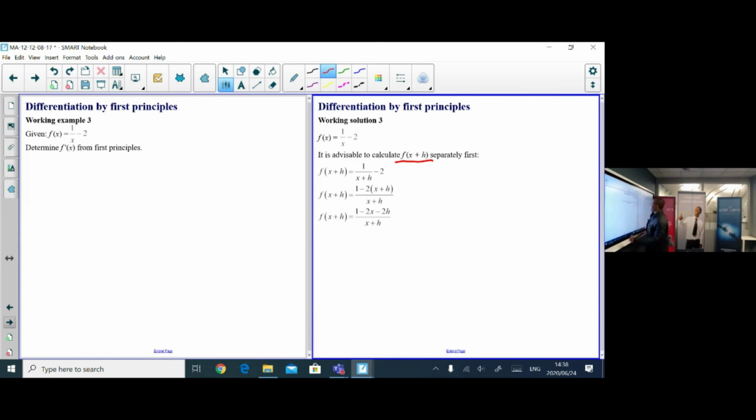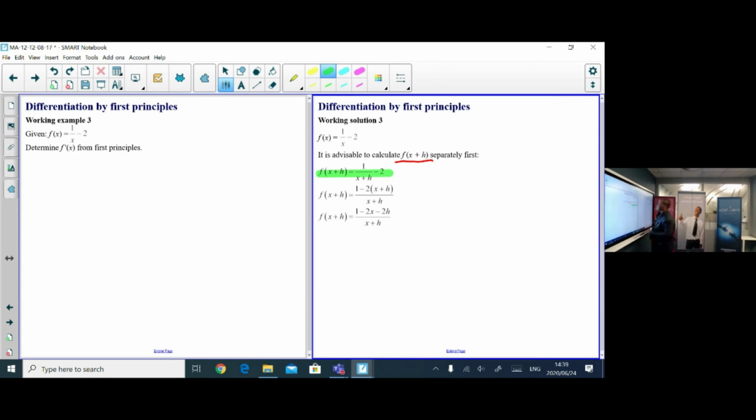Okay, so in this case we are going to end up with just the right thing here. Our f of x plus h will come out like this, because where there's x, we are simply going to add an h.